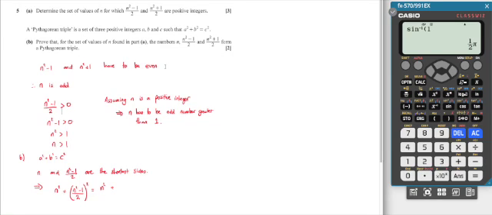Then I'm going to square this, so that's going to be over 4. I'm going to have n to the 4 minus 2n squared plus 1. Then if I want to add these up, the left-hand one needs to be over 4. So that's 4n squared plus n to the 4 minus 2n squared plus 1 over 4, which is n to the 4 plus 2n squared plus 1 over 4.